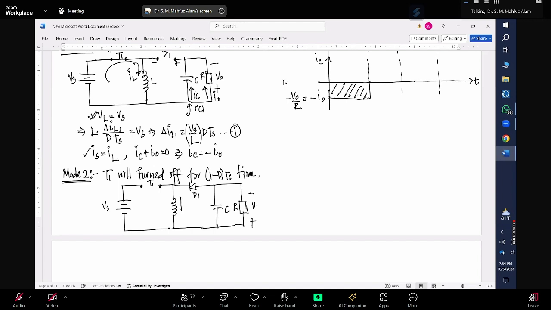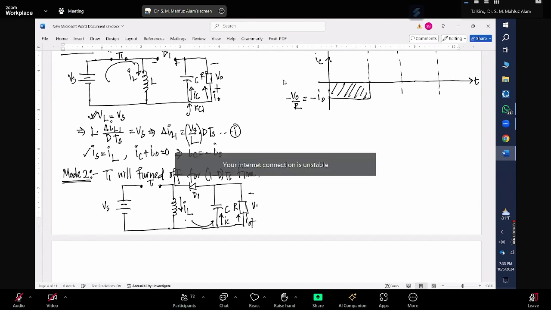Previously the inductor current was in this direction, IL. The inductor current will try to maintain its direction in the same way, so the inductor current will go like this. This should be my capacitor current and this should be my output load current, and it will come back through this diode like this.